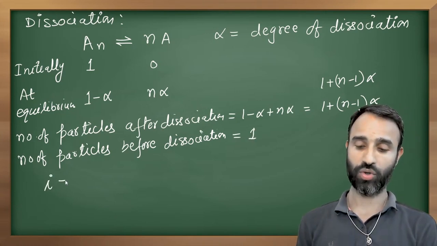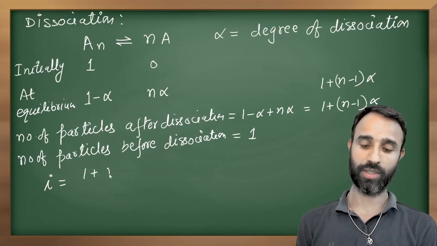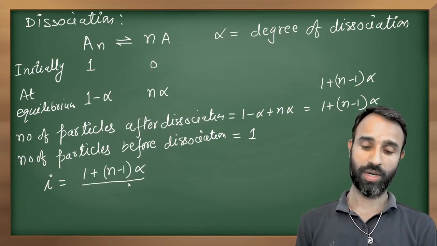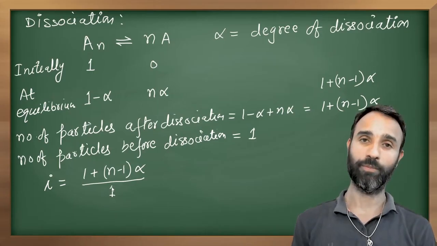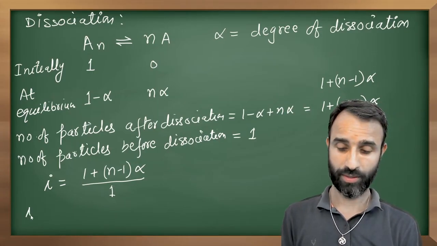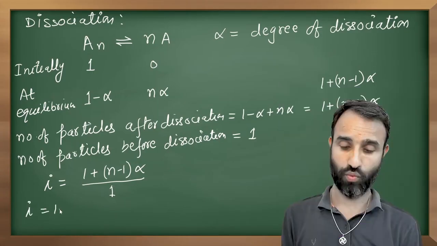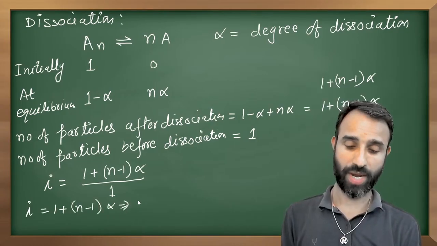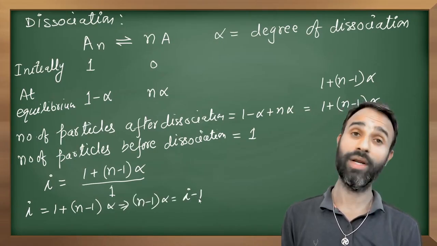So i comes out to be 1 plus (n minus 1) alpha divided by 1. So i equals 1 plus (n minus 1) alpha. That implies (n minus 1) alpha is equal to i minus 1.